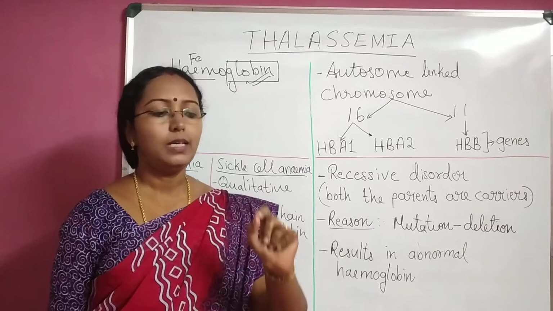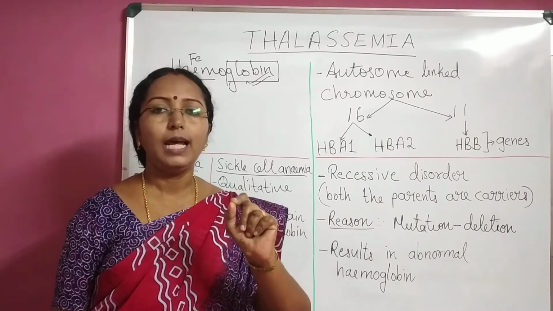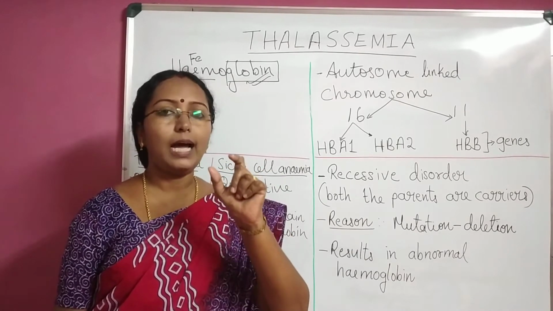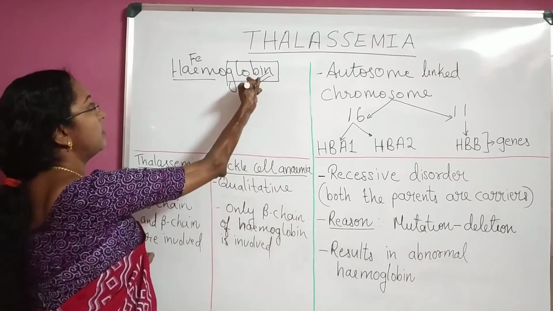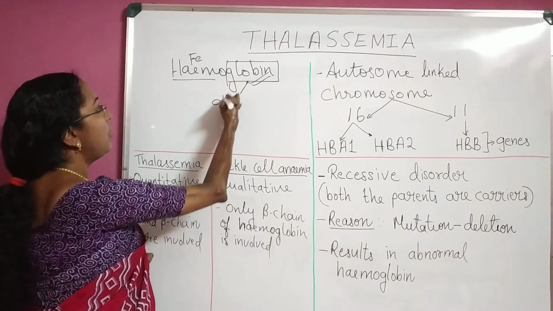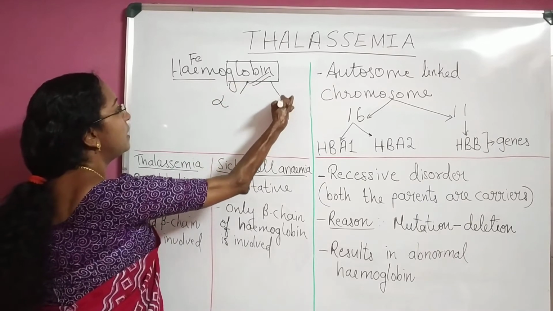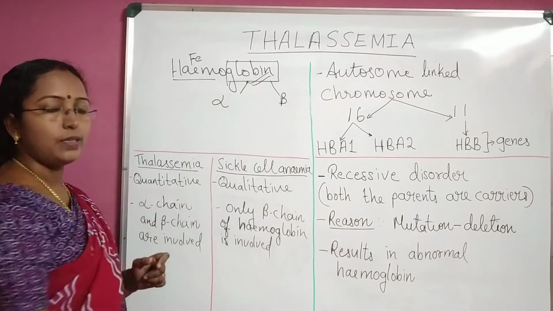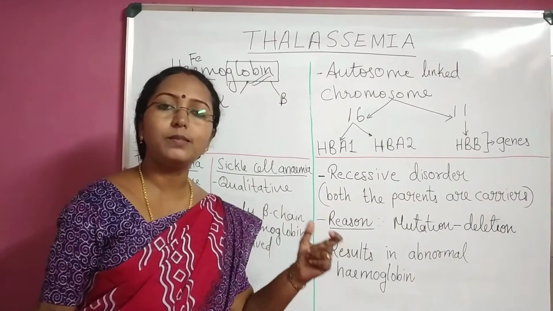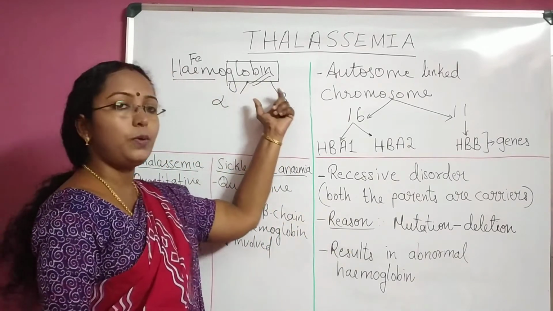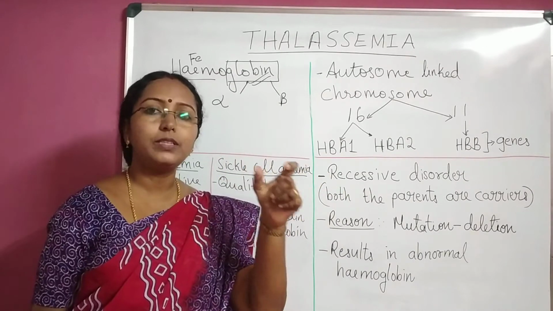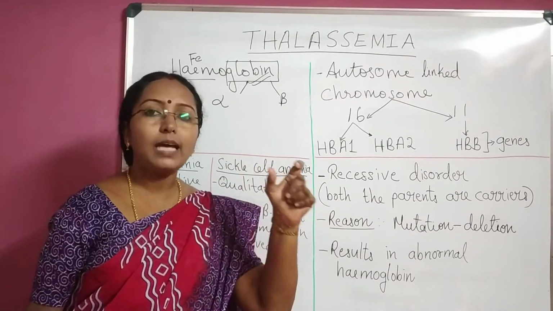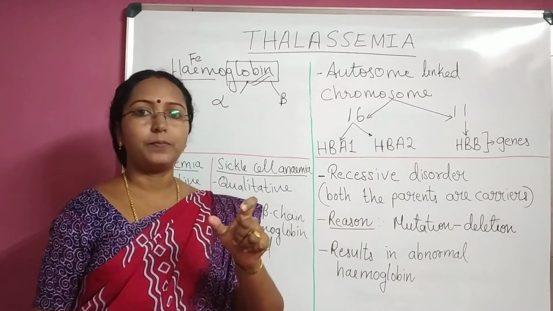What are those two types? You say it as alpha globin and beta globin. So the hemoglobin molecule is made up of a globin protein, and that globin protein has two different forms, alpha and beta.